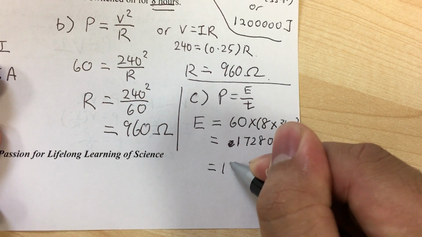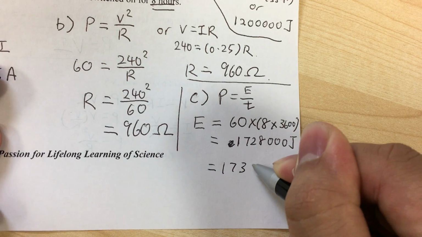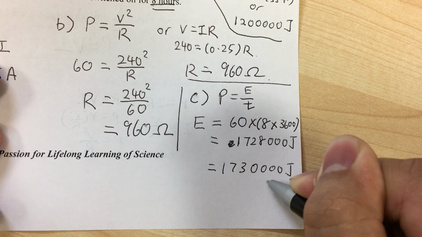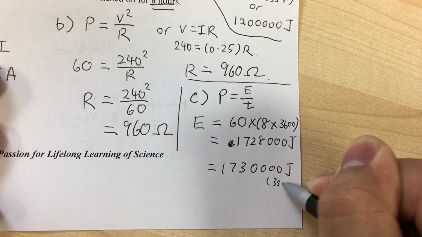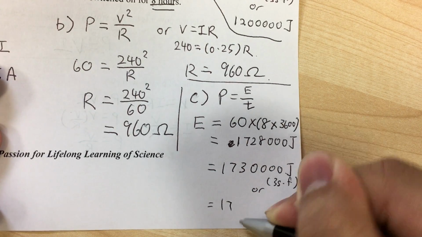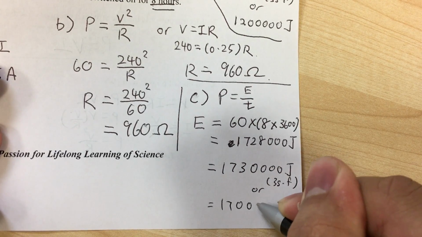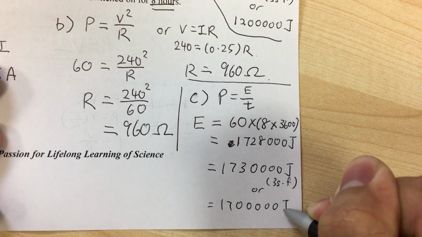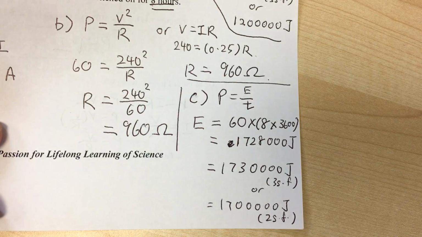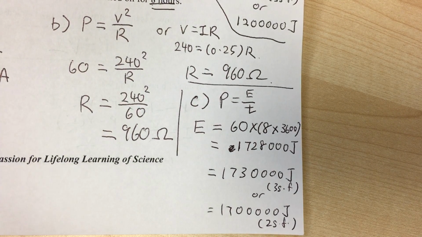So you should get 1,730,000 joules for 3 SF, or 1,700,000 joules for 2 SF. So this is example 3.